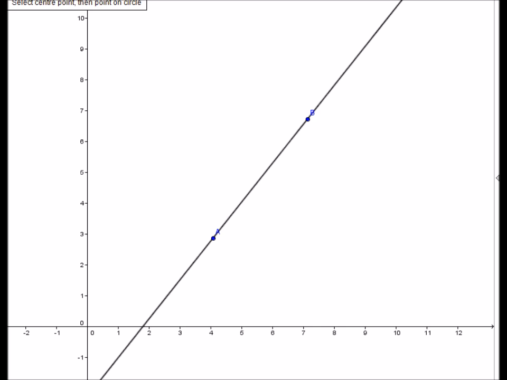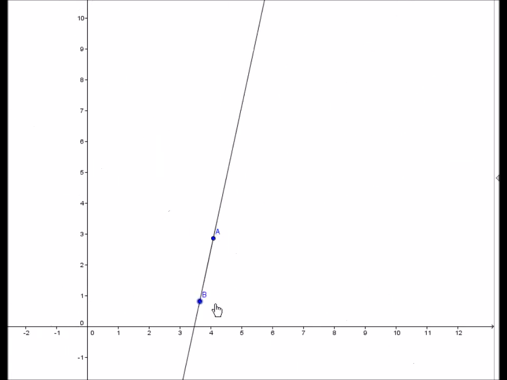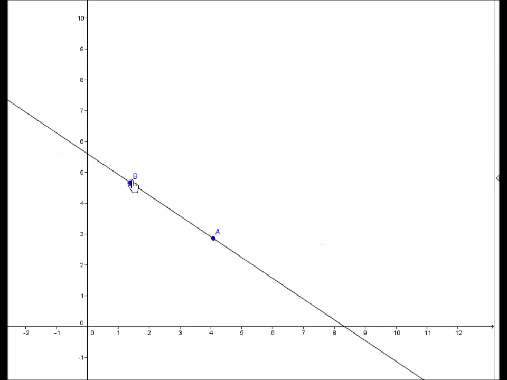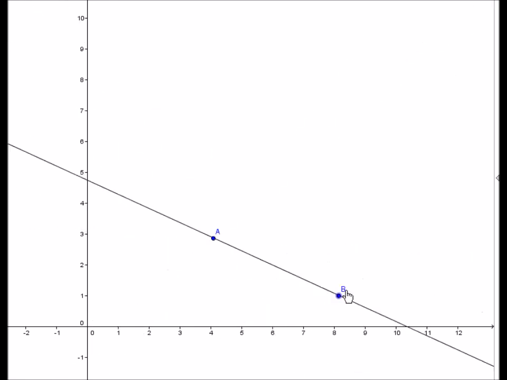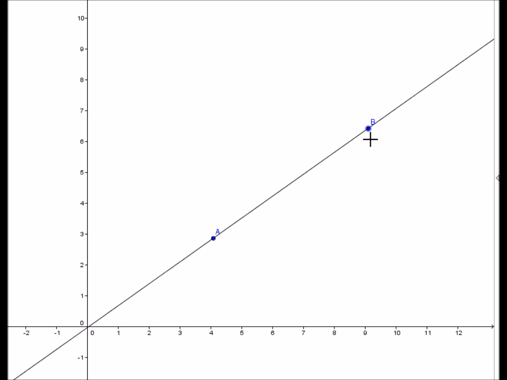That's not going to move. But if I don't know the gradient, my line can move all over the place. So I need these 2 really specific bits of information. And often the hardest bit of coordinate geometry is working out these 2 bits of information: the gradient of the line and the coordinate that you can use for the equation of the line.